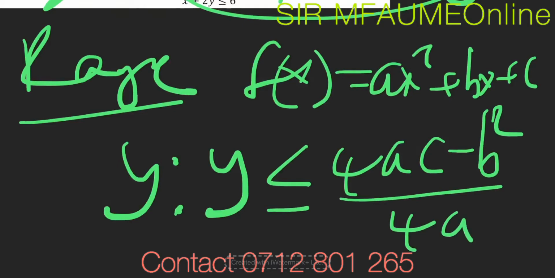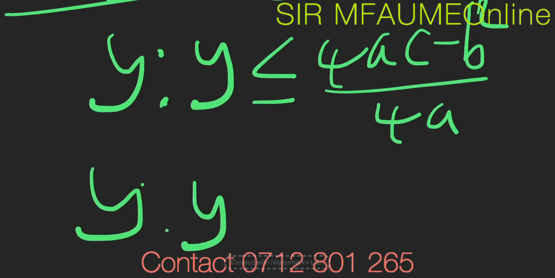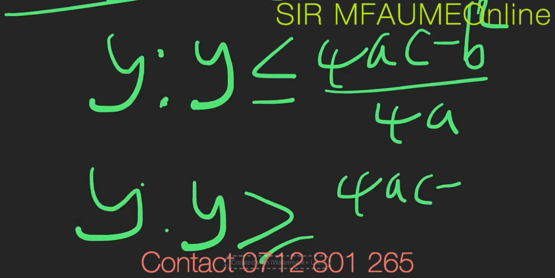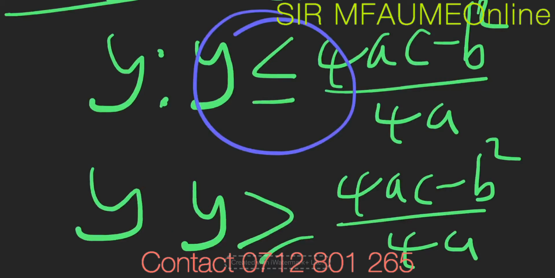But in case your function has a minimum value, then the range is y such that y is greater than or equal to 4ac minus b squared over 4a. We are supposed to use these formulas for calculating the range: this one for the maximum value and this one for the minimum value.